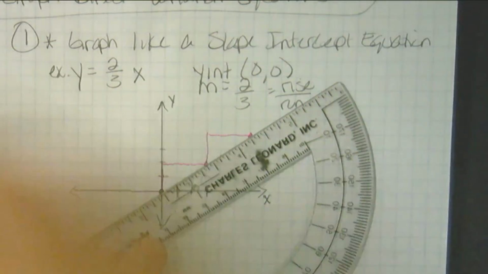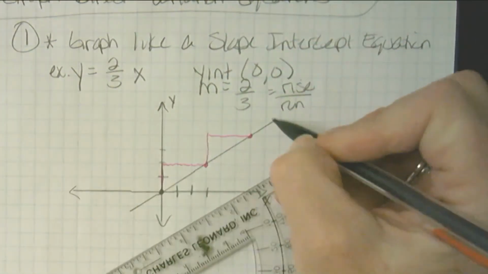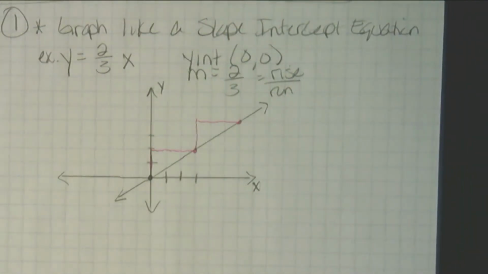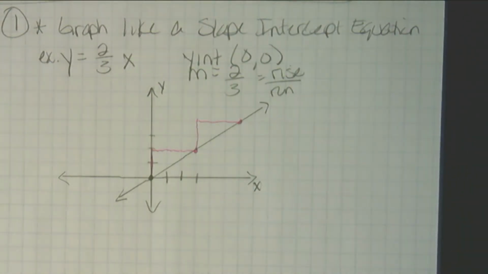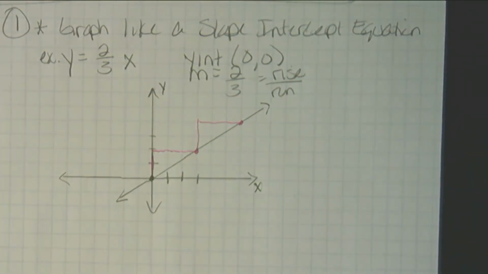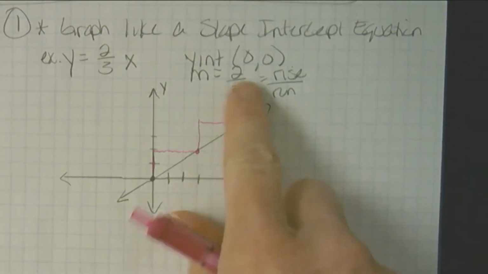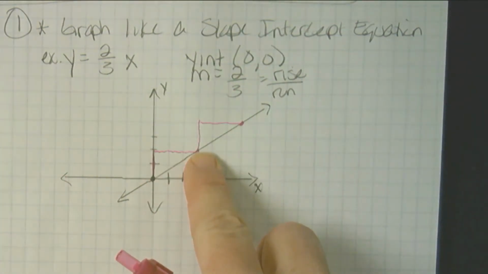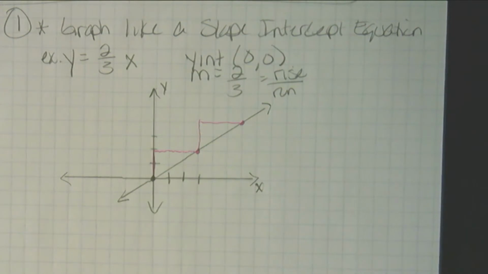And then I'm going to draw my line. How many of you guys are cool with that? Al, you have that look on your face. Well, I'm using my rise of up 2 and my run of over 3. Does that make sense? I want you checking me always.